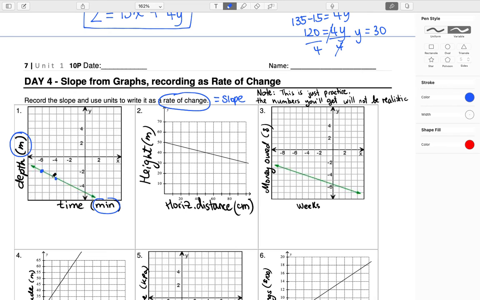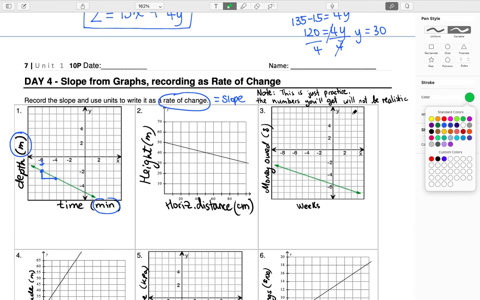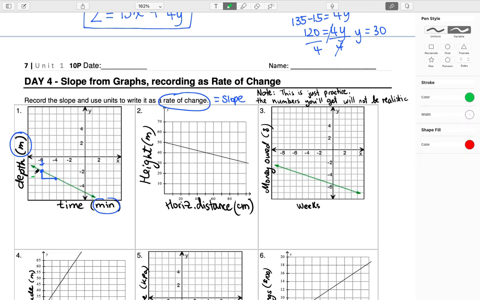After you pick 2 points, we are going to make a right angle triangle and connect them. You have to choose a direction. I'm going to start from here and then go to the second point. So I'm going to go down 1 step, so it's down 1, -1, and then to the right. To the right is positive, right 2.